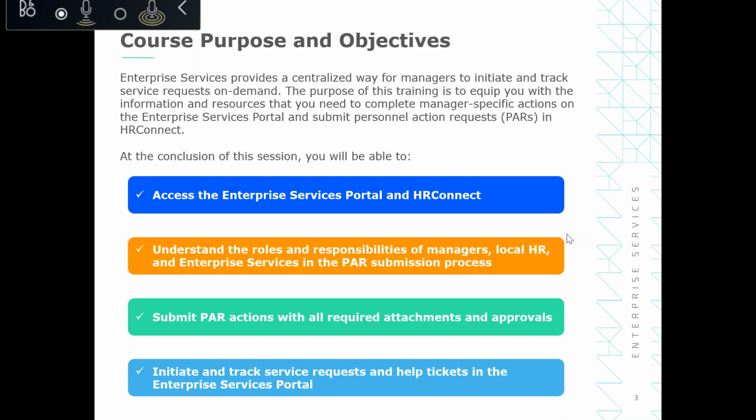By the end of this course, you should be able to access the Enterprise Services portal and HRConnect, understand the roles and responsibilities of managers, local HR, and Enterprise Services in the PAR submission process, submit PAR actions with all required attachments and approvals, and we'll talk a lot more about that later, and initiate and track service requests and help tickets in the Enterprise Services portal.